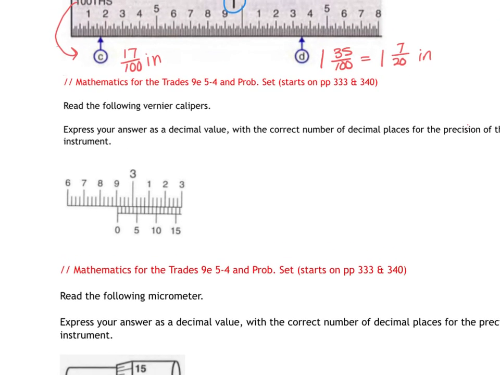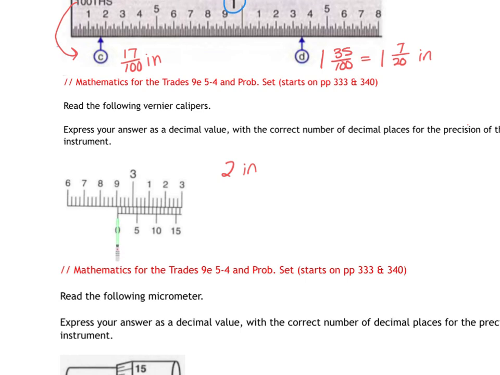Okay, now let's look at our Vernier calipers. We are assuming that with these we are in inches, by the way. The way I read Vernier calipers is I need to know where this 0 lines up. This 0 lines up to some number after the number 2, because this is the number 3. So we know that we have 2 inches so far.